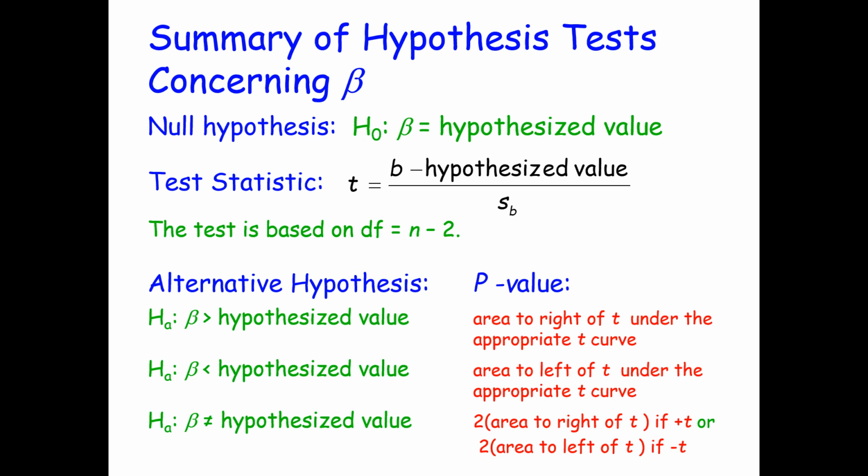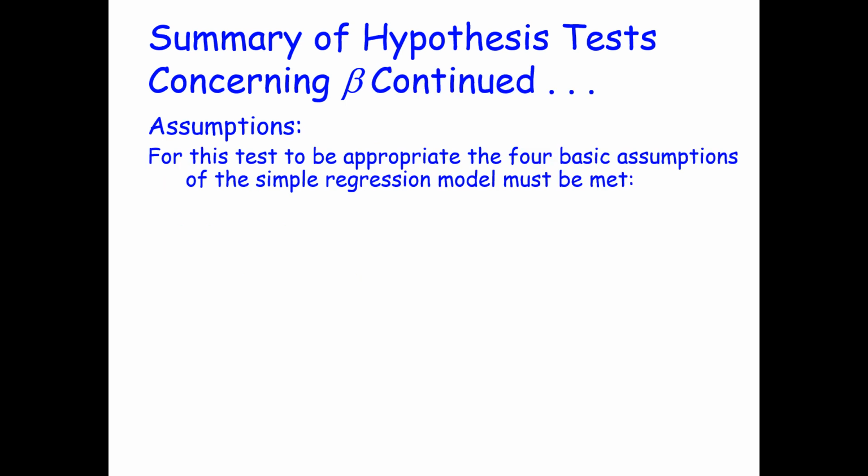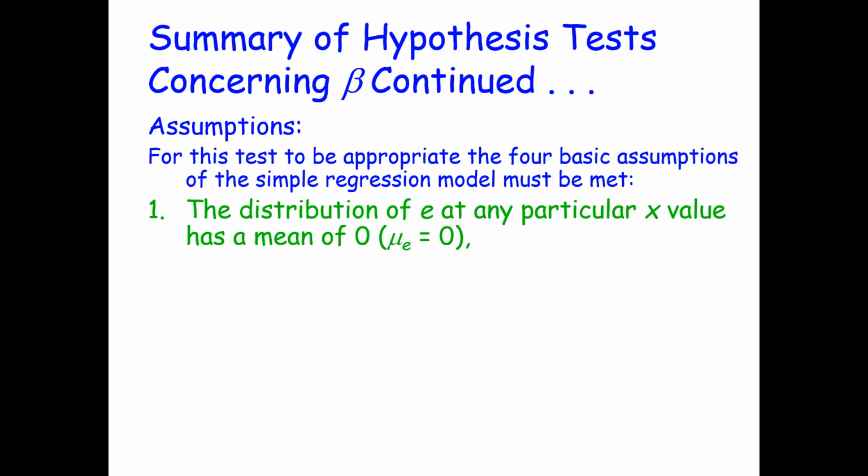So what assumptions do we need to make? Well, for this test to be appropriate, the 4 basic assumptions of the simple regression model must be met. The first one is that the distribution of e at any particular x value has a mean of 0, so our mu sub e must equal 0.